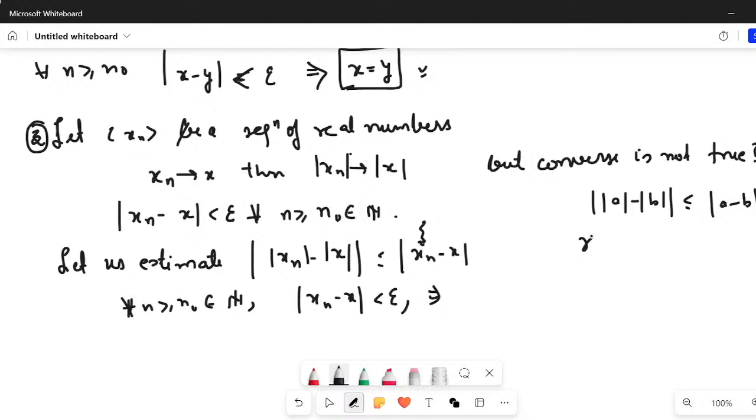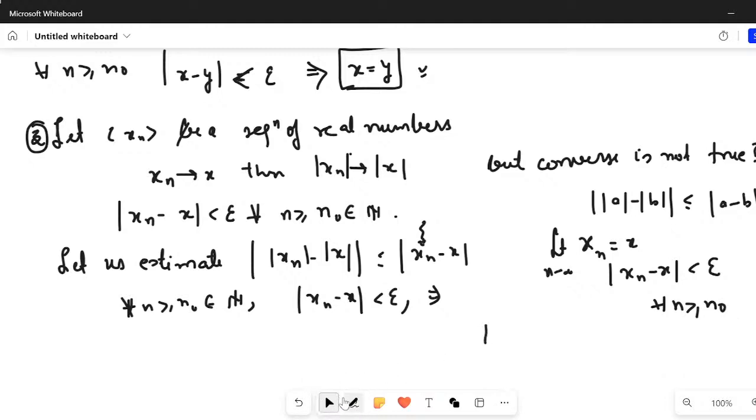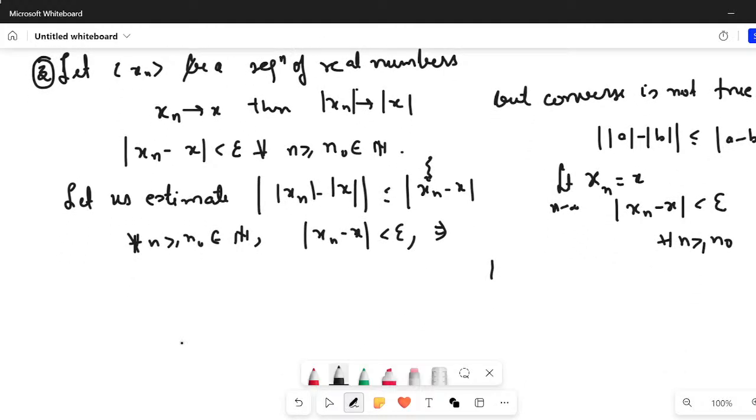So if I'm saying that the limit of xn is x, it implies the distance between xn and x can be made less than epsilon for all n greater than equal to n naught. Now you see, if this is the case, then I can also write that modulus of xn minus modulus of x is at most mod of xn minus x, and this can be made less than epsilon for all n greater than equal to n naught.